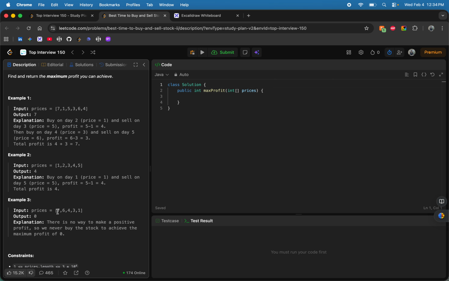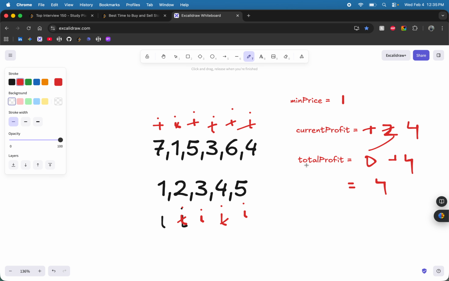Yes. Now let's try to do the last example also. Let's do the dry run.